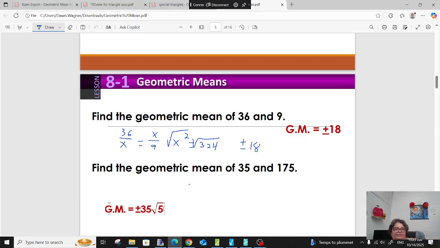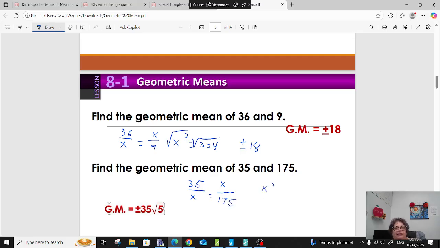Now, I'm going to show you a trick I use because simplifying square roots can be a pain in the rear when the numbers get very, very big. Everybody agree with that? So I'm going to set up my geometric mean of these big numbers. I don't know if pain in the rear is actually a good teaching word, but it gets the point across.